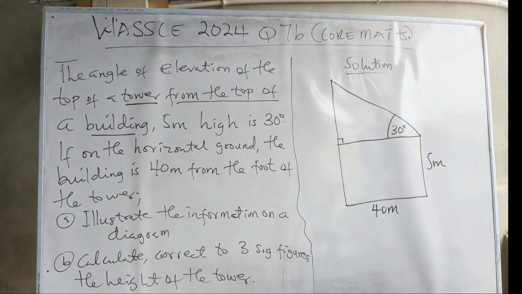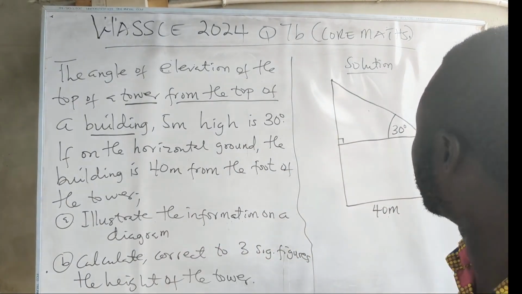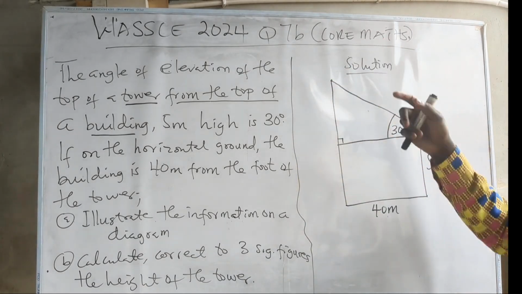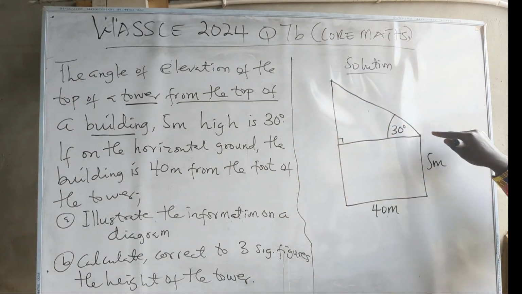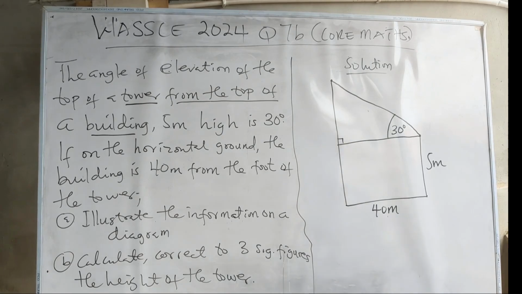Illustrate the information on the diagram. So this is our diagram. This is the building, this is the tower, and this is the horizontal ground. From the top of the building to the top of the tower, this is the angle of elevation. So we have illustrated the information on the diagram.